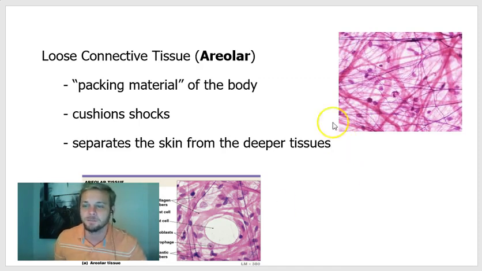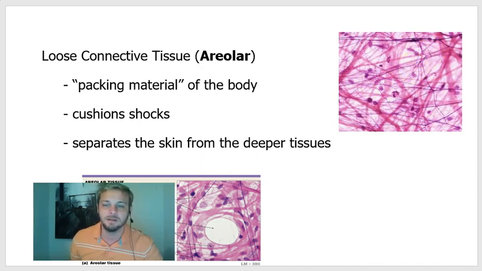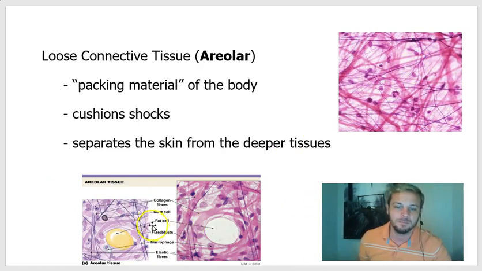If you look, you can see a lot of those collagen fibers. You also have quite a few elastic fibers, these really thin ones in here. You can tell these are elastic and not reticular because these are not highly branched. And then this, you can see this would be an adipocyte or a fat cell.